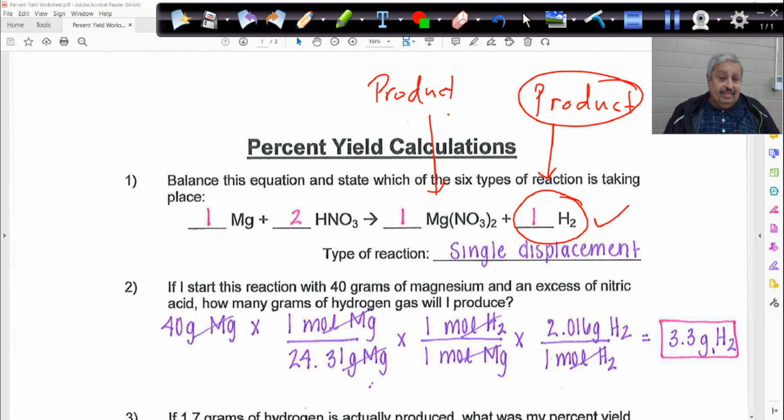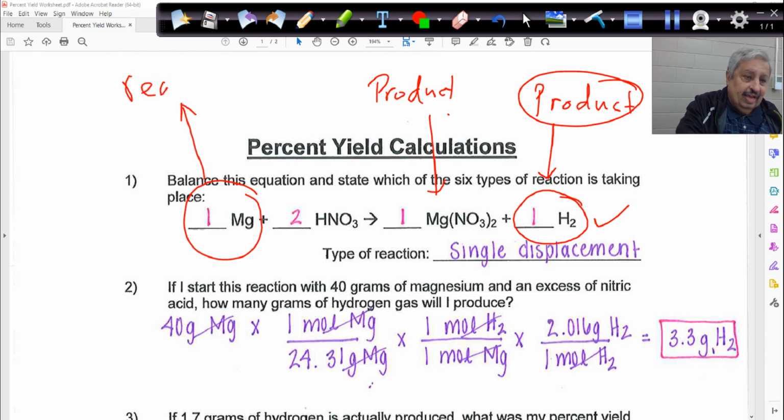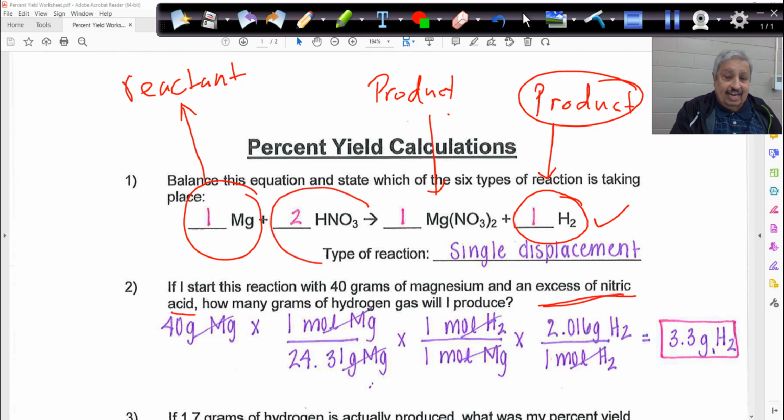And they will give us how much of the reactant we have to use. This is a reactant here, and it's telling us this has to be what? Limiting. Why? Because nitric acid is in excess. So nitric acid is an excess reactant, correct?